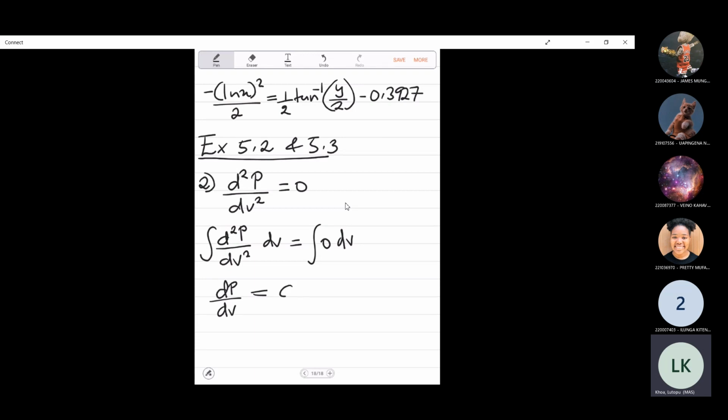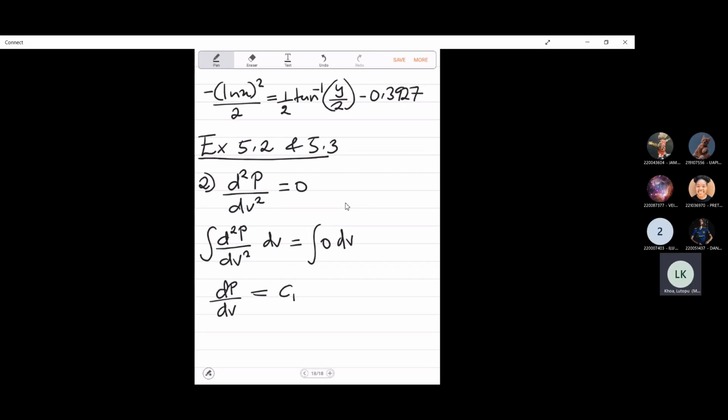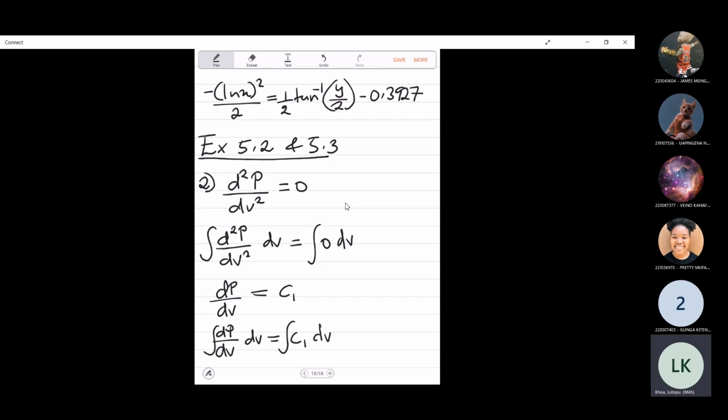This is our first constant, c1, and then we integrate again. The integral of dp/dv with respect to v is just the integral of c1 dv. Then from here we can see that p is equal to c1 v plus c2.